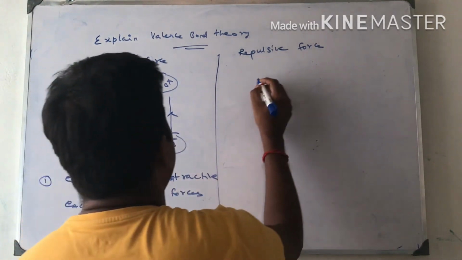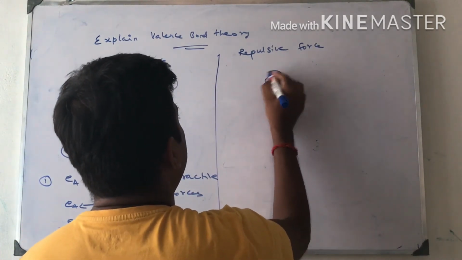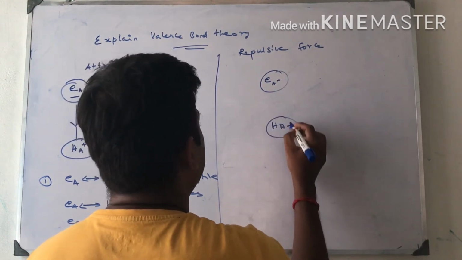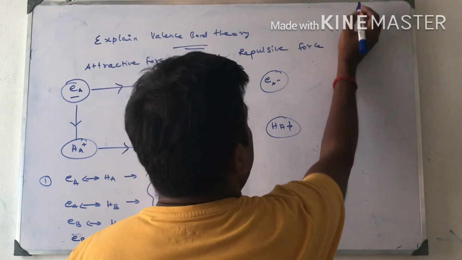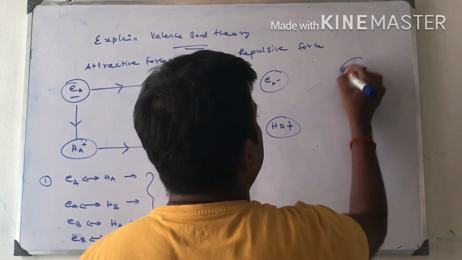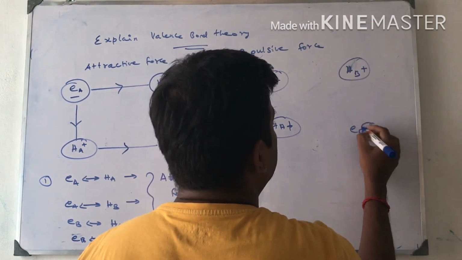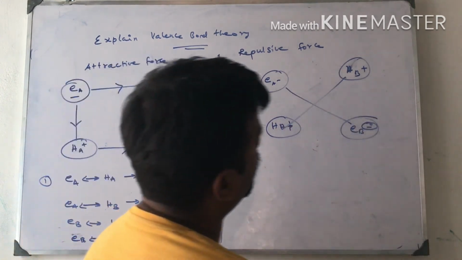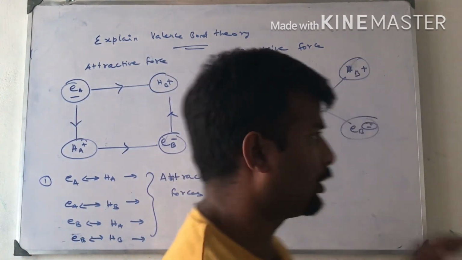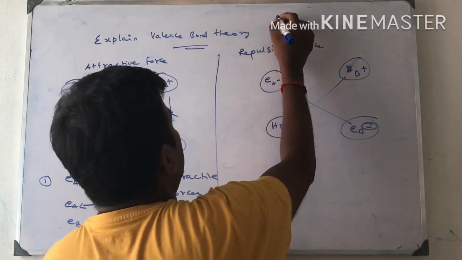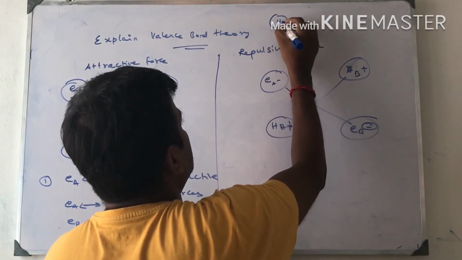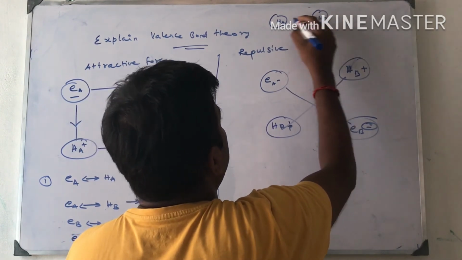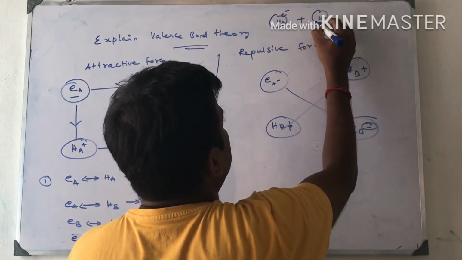Now the repulsive force: EA minus, HA plus, HB plus, EB minus. Suppose they cross each other, the electron of one atom and the electron of the other atom will repel each other. This one electron, here this one electron.